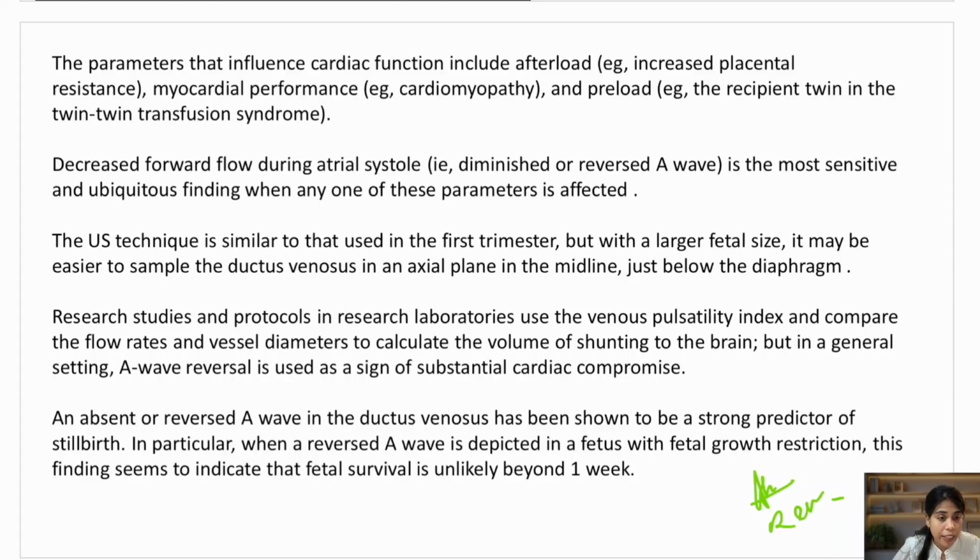These are the findings of IUGR. The umbilical artery shows these abnormalities: the end diastolic flow is reduced, or absent, or reversed. Okay, but the ductus venosus is the waveform pattern that is last to change in IUGR. Okay. I'll discuss this later in this video.